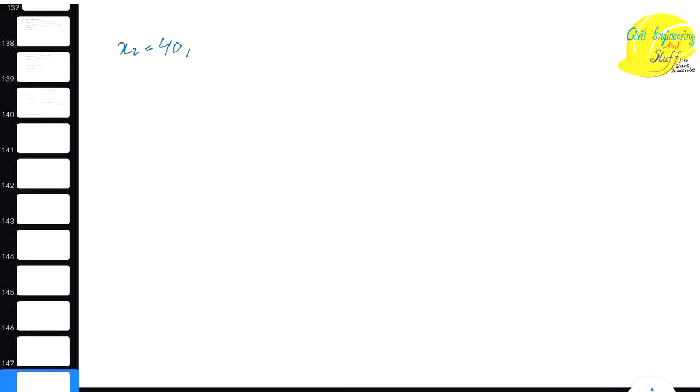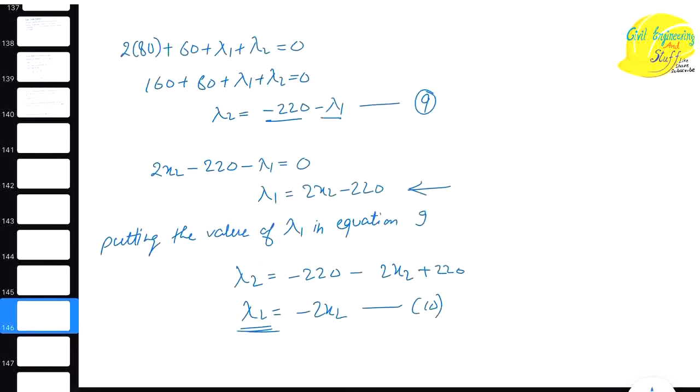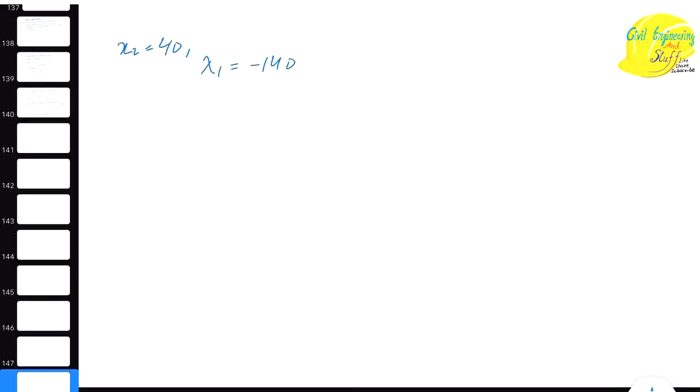Through this our lambda 1 will come out to be minus 140. How? 2 into x2, let me just write it down, 2 into 40 minus 220, okay? So this will be minus 140.